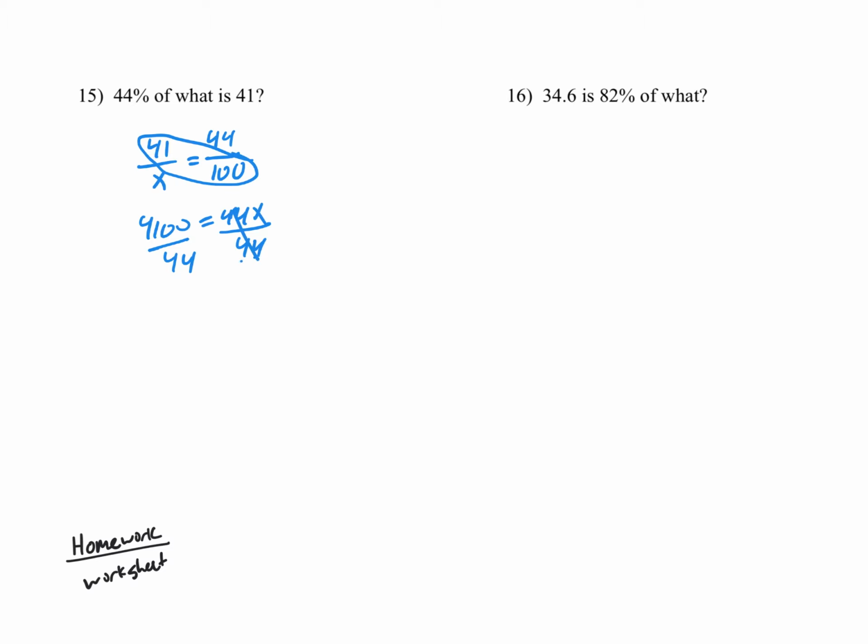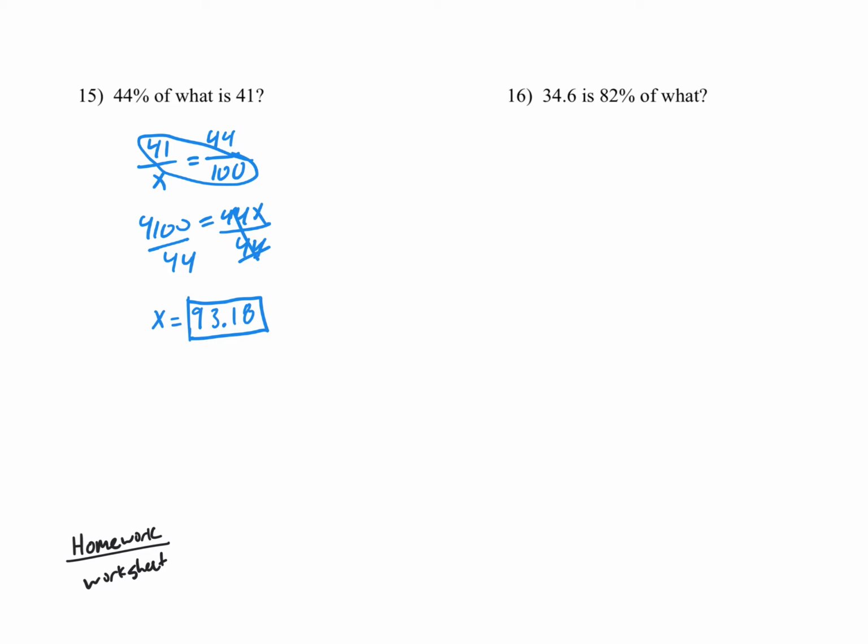Again, rounding to 2 decimal places, to the nearest hundredth. So I end up with x is equal to 93.18. Again, I don't write the percent because I'm looking for the whole number.